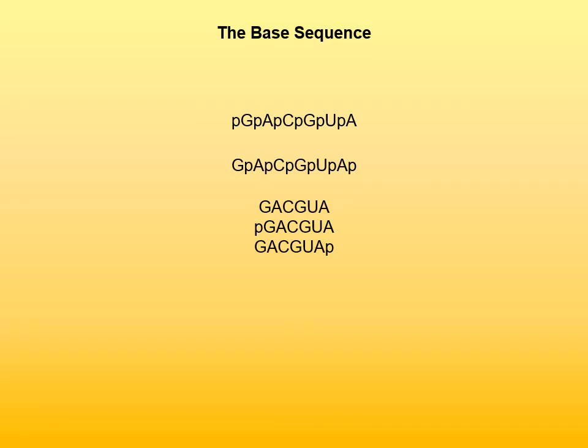Since sugar phosphate backbone is common to all DNA and RNA molecules, we usually omit lowercase p as phosphate bridge and simply understand that it's there.